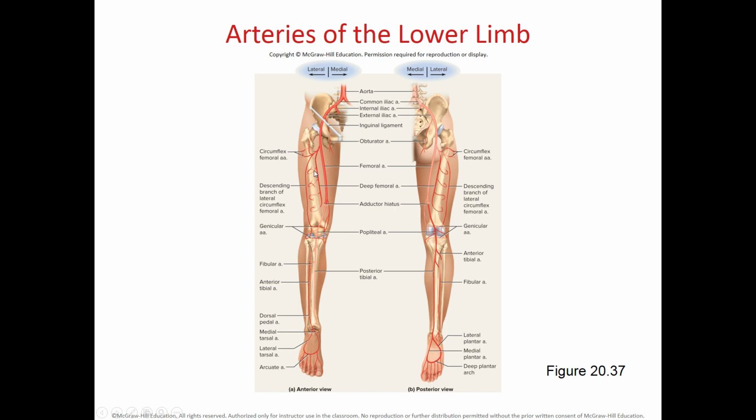The deep femoral artery follows the femur, and then the femoral artery just in the posterior area of the knee will form the popliteal, and then the popliteal is going to bifurcate into anterior tibial and then into posterior tibial and fibular.